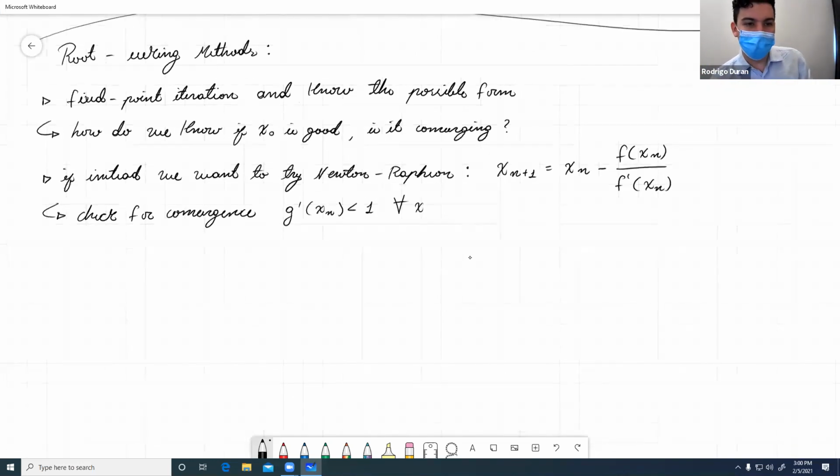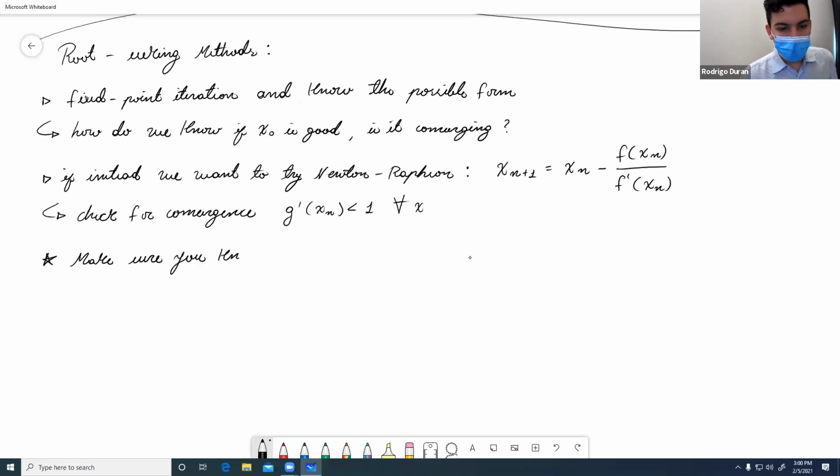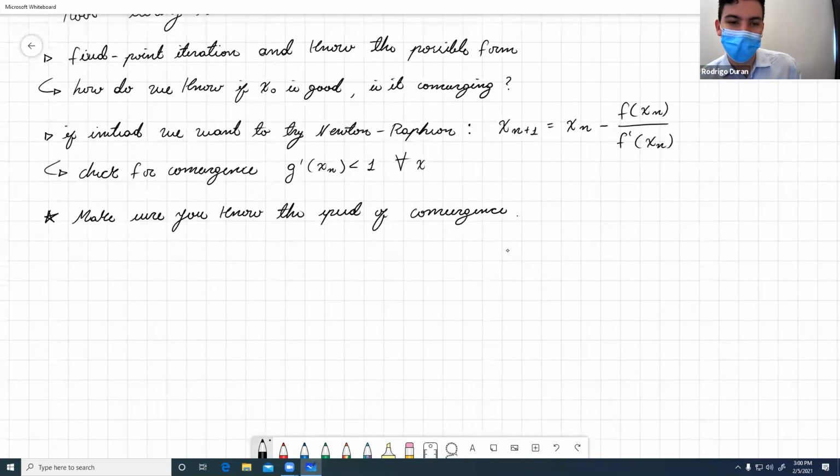I do want to mention something else, and it's very, very important. Make sure you know the speed of convergence. By the way, sorry for the cursive handwriting. It's the only way I know how to write.